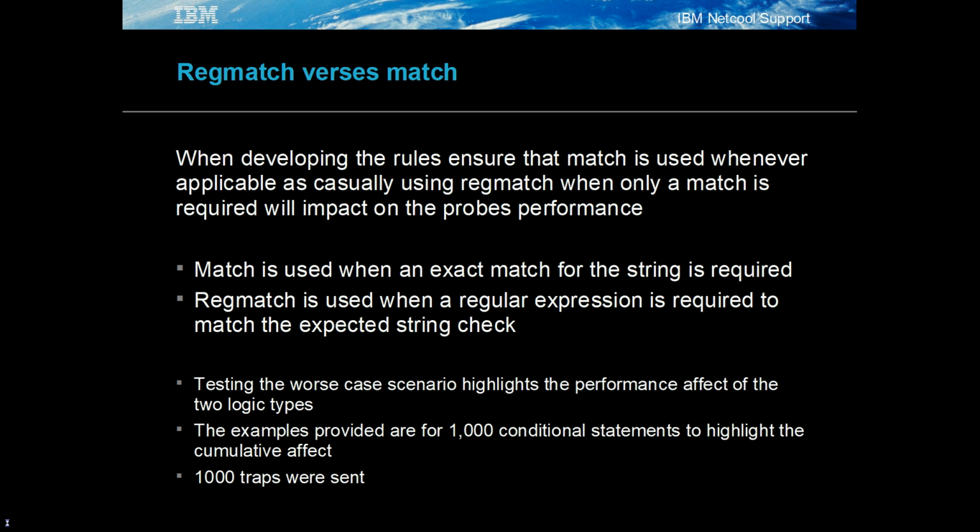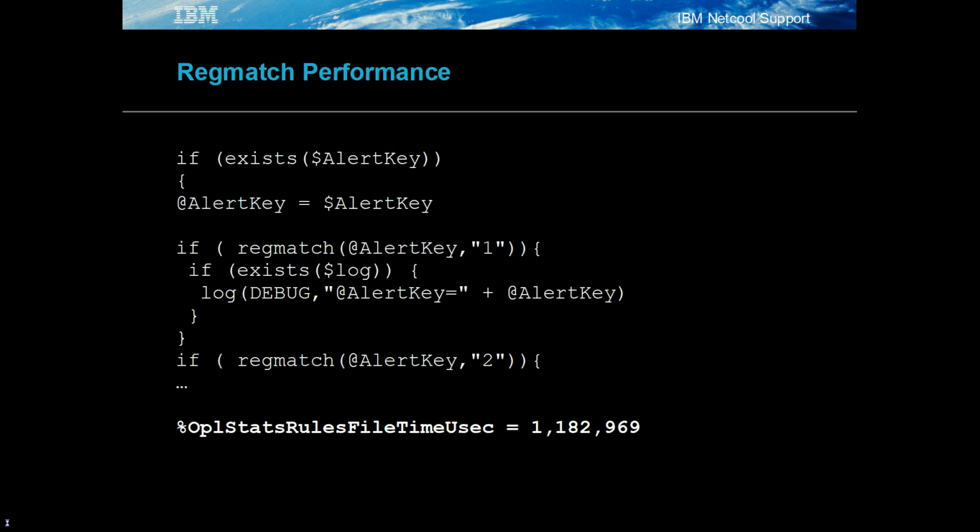To highlight the effects of the 2 types of statements, 1,000 events were processed in the performance testing. For 1,000 events and 1,000 if regmatch statements, the rules file timing was 1,182,969 USECs.